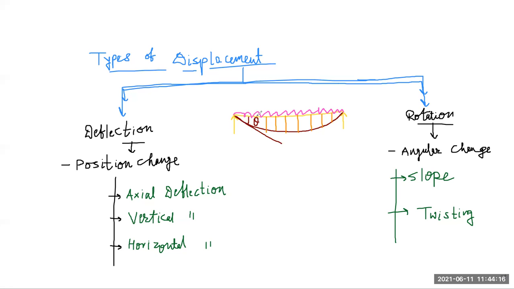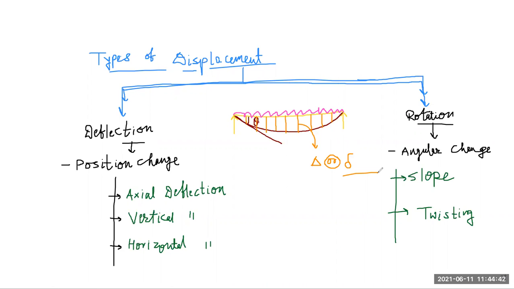So basically these are deflections, or these are your theta value or delta value, or del value. So basically there are two types of displacement. One is your deflection, other is your rotation.